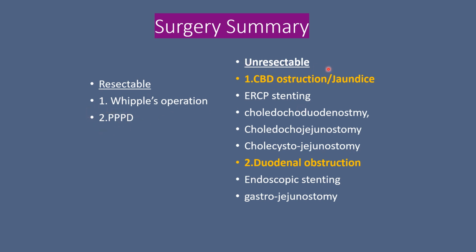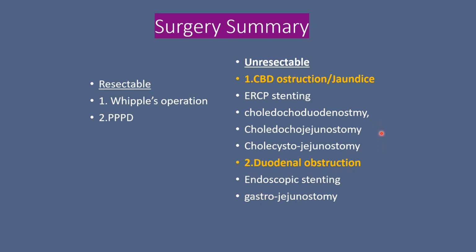If it is unresectable, then it depends on where the tumor is obstructing. If it is a CBD obstruction, which is the more common obstruction, with resultant severe jaundice, then ERCP stenting can be done. Okay, or open choledochoduodenostomy, or cholecystoduodenostomy.